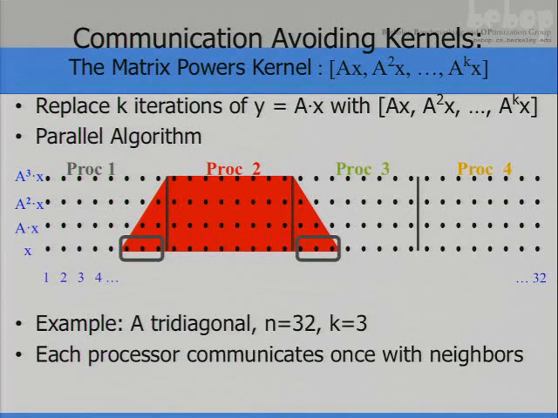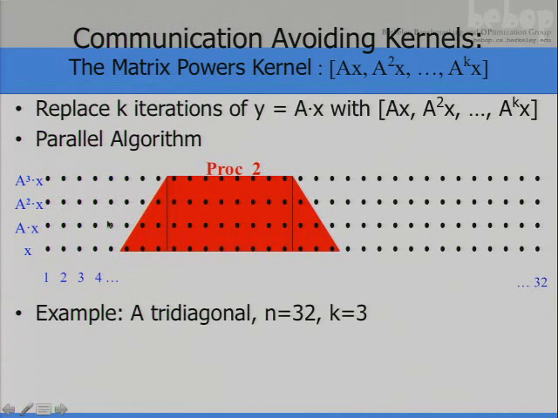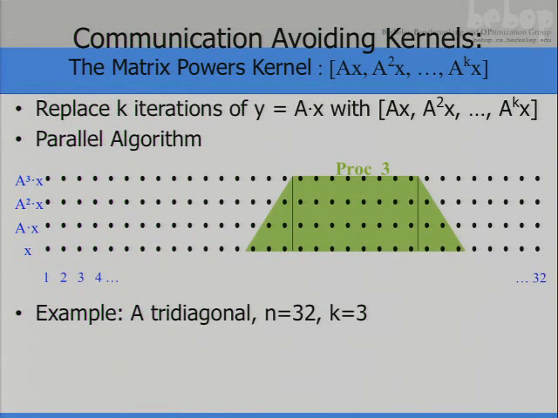So let's see what that means. Processor 1 is going to get all these 3 numbers in one fell swoop at the beginning from processor 2 and compute that blue trapezoid. Processor 2, as I said, is going to compute everything in the red one. Processor 3 will compute everything in the green one. Processor 4 will simultaneously compute everything in the yellow one.